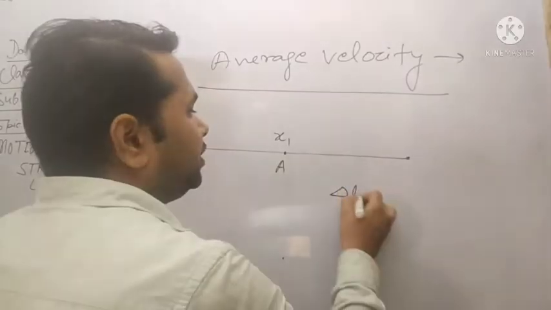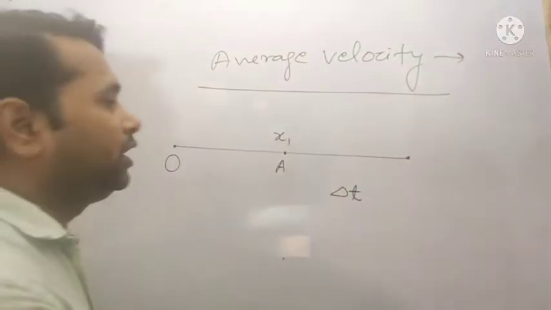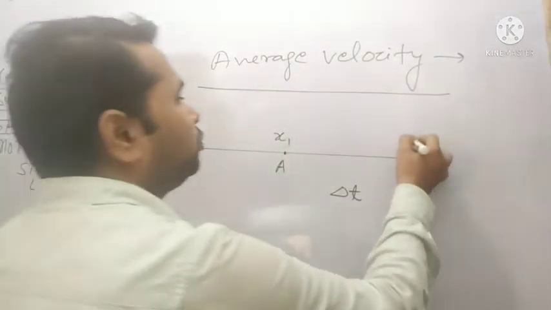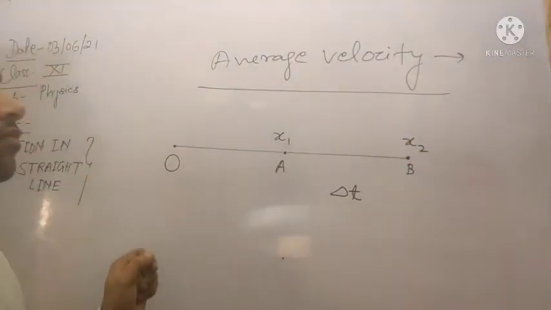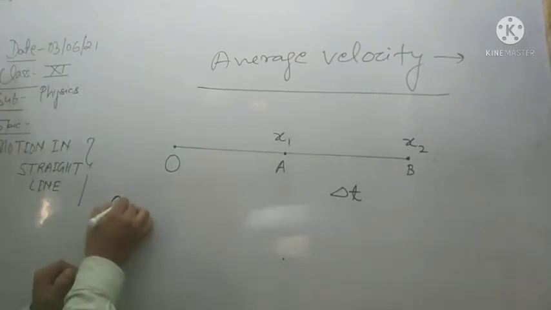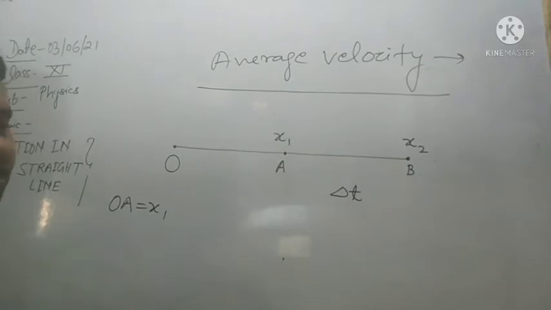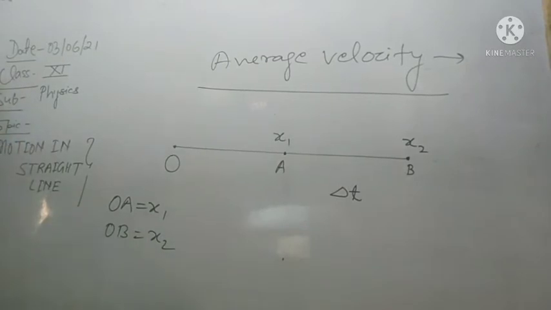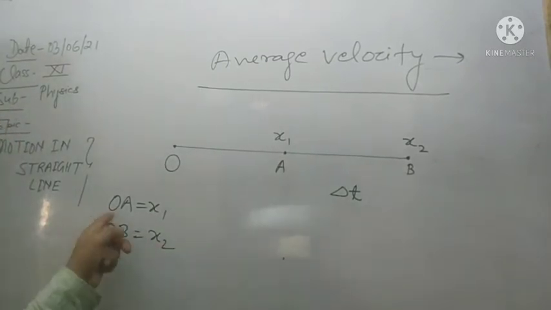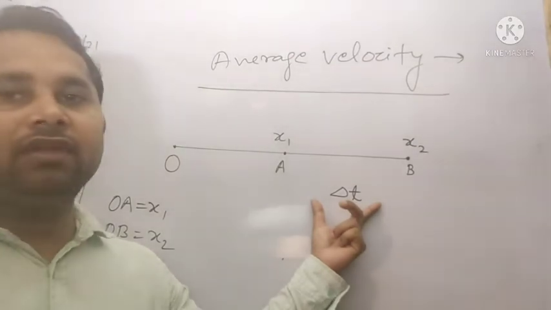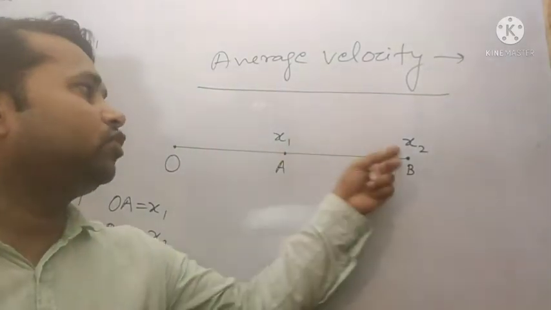After time interval delta t, the body reaches new point B with new position x2. OA equals x1 and OB equals x2, in units of meter or centimeter, where O is the reference point from which observation is taken. And this is the time interval in which the body changes its place from x1 to x2.